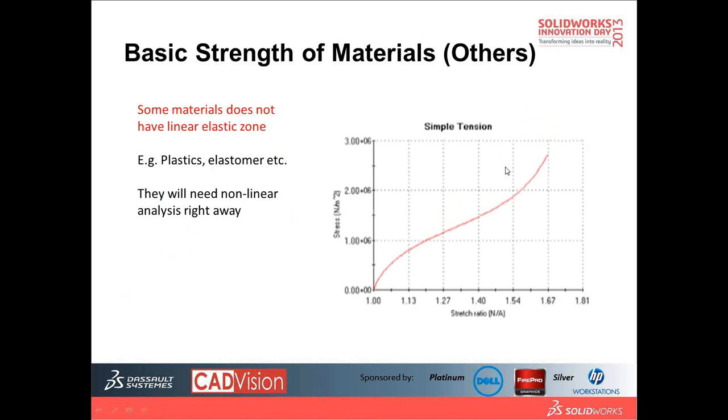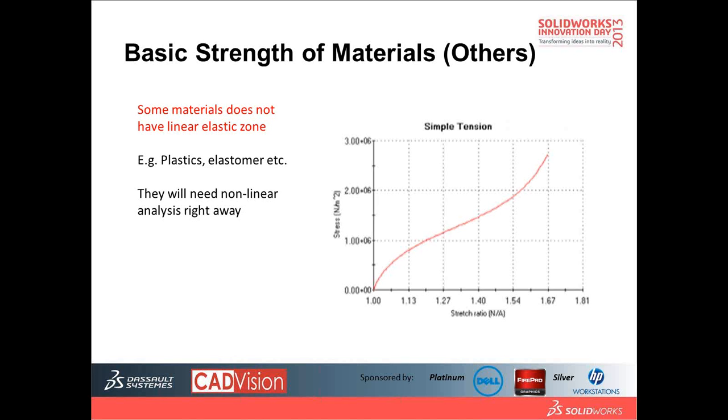Okay. Another thing for the material is that just now we have discussed the metal, which has the linear zone. Please be aware that some materials do not actually have a linear elastic zone. Okay, typical examples like plastics or elastomers, right? Or some strange behavior like composite material. So, for example, on the graph here, we have a stress-strain relationship of rubber.